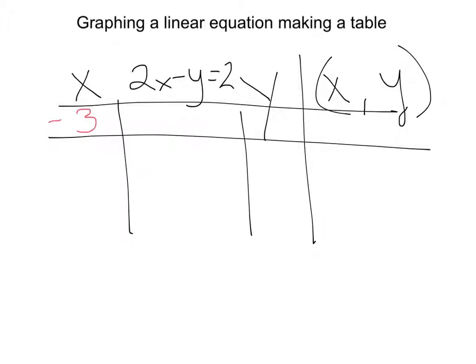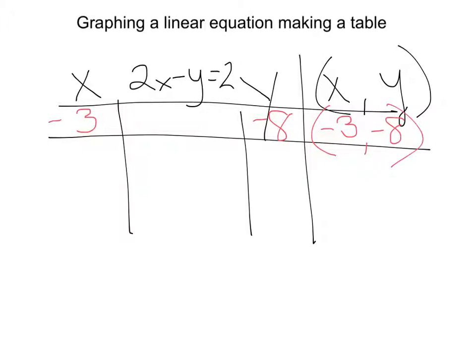If I put in -3 for x, I have -6 minus y equals 2. So I would be able to add 6 to both sides and get 8. Negative y equals 8. So then I would have y equals -8. So my coordinate points would be (-3, -8).